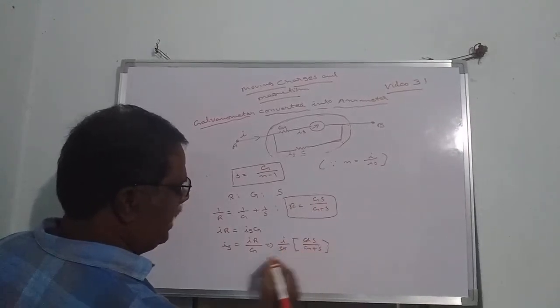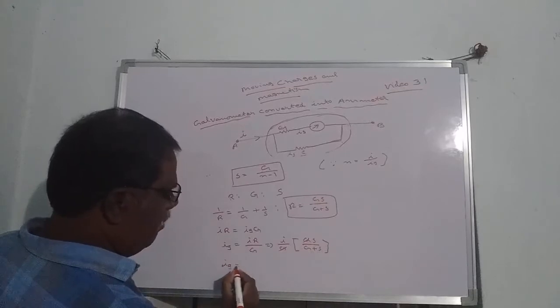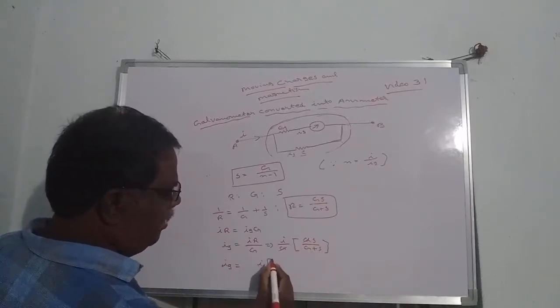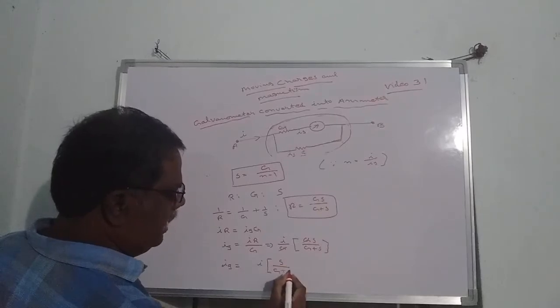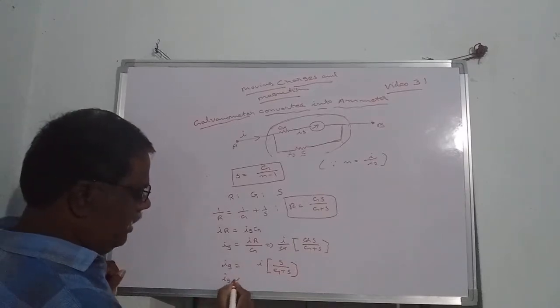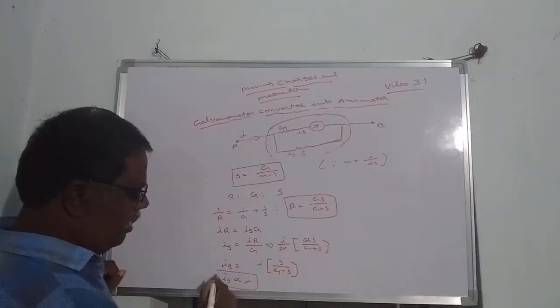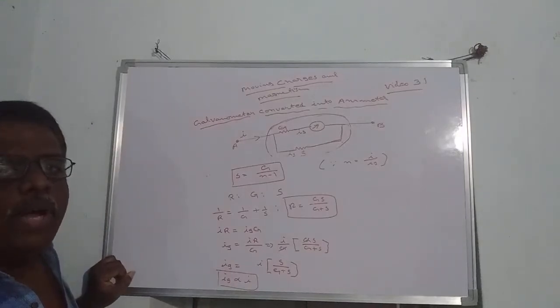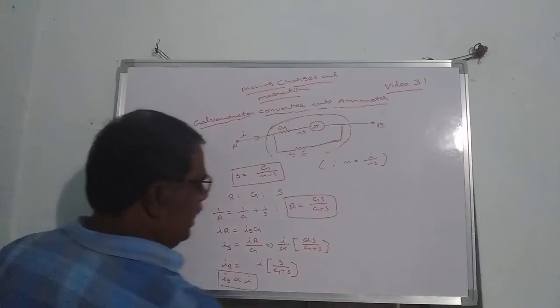Here G and G will be cancelled. Therefore the galvanometer current will be equal to I into S by (G plus S). That means the galvanometer current is directly proportional to the total current. This is also one of the formulas to find the galvanometer current.